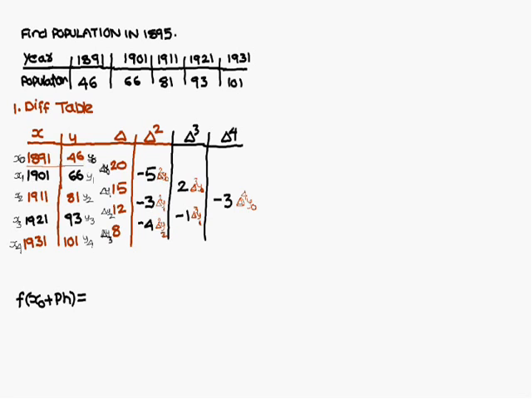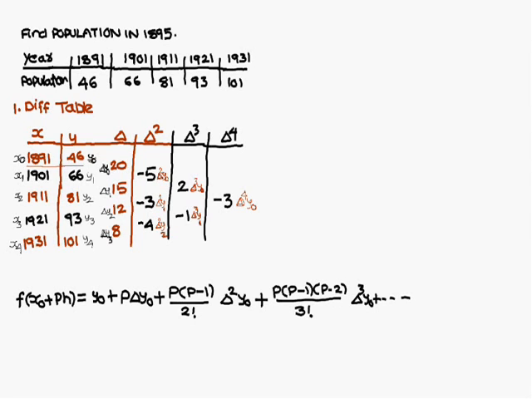So the Gauss forward interpolation formula is f of x naught plus ph is equal to y naught plus p delta y naught, plus p into p minus 1 by 2 factorial into delta square y naught, plus p into p minus 1 into p minus 2 by 3 factorial into delta cube y naught, and so on and so forth. You have to remember the notation of p.